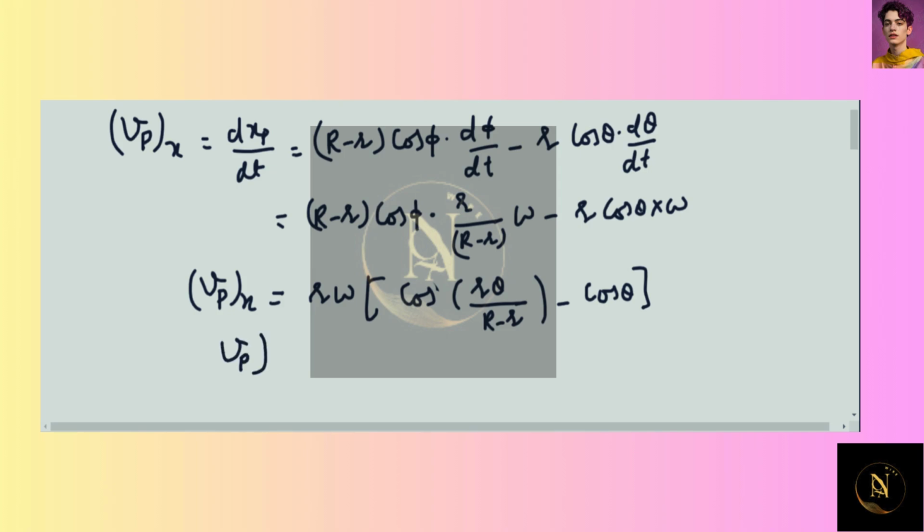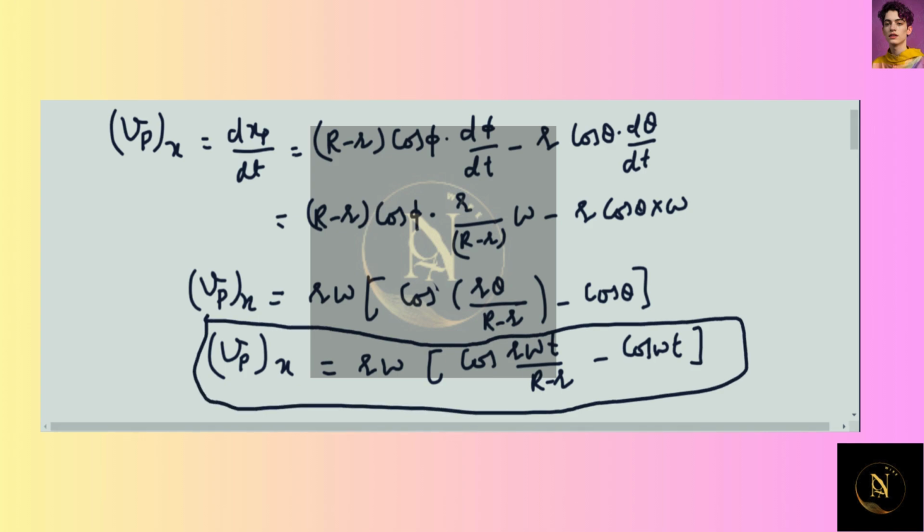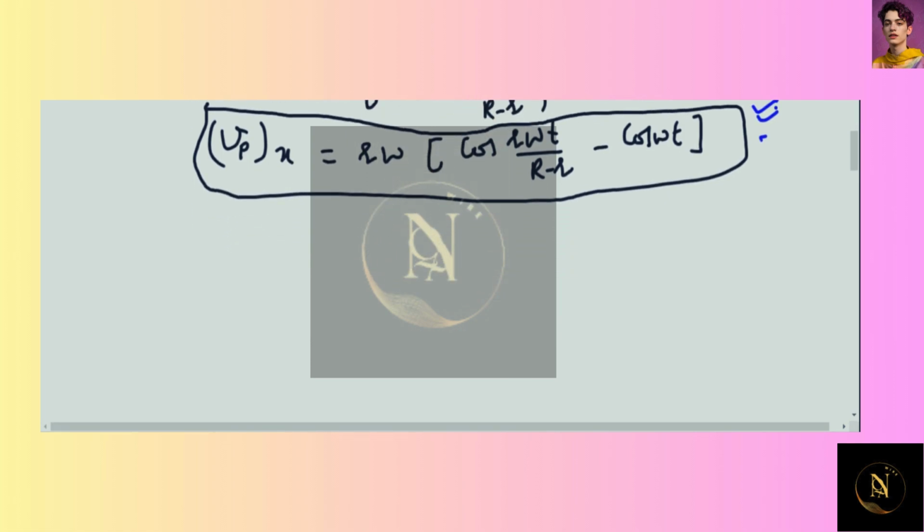So the velocity of point P along the x-axis is r omega times cos of (R minus r) omega t upon r minus cos of omega t.